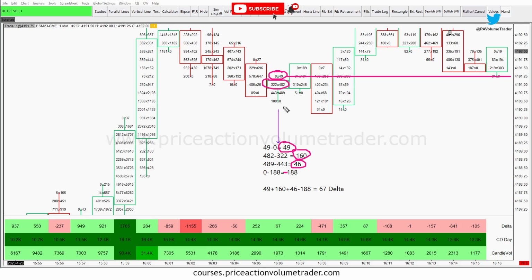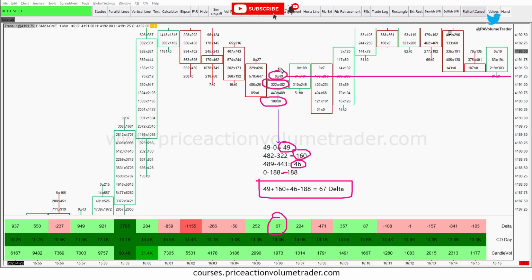And again, this makes sense because usually you're going to have sellers at the bottom and more buyers at the top in general. Then if we take all these 4 deltas for each price level, we can get a total delta for the entire candle, which again is 67.